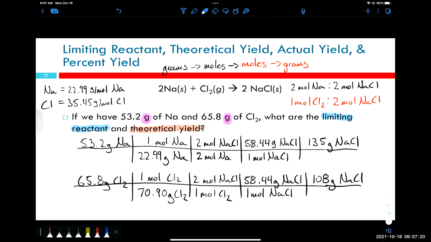So then our limiting reactant is going to be 65.8 grams of chlorine.